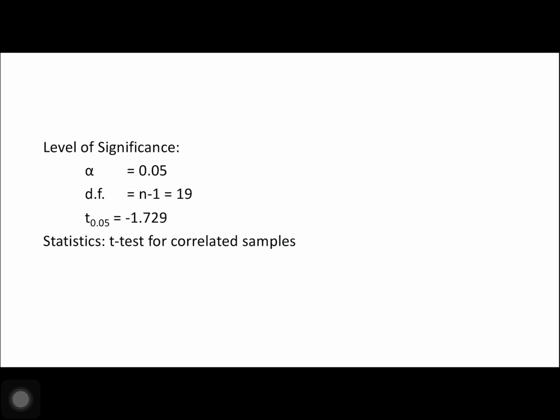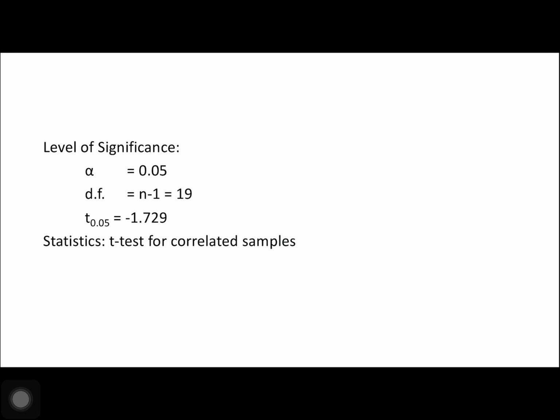For the level of significance, we have there alpha is equal to 0.05. Okay? For the degrees of freedom, we have there n minus 1 since we only used one group. That is equal to 19. T at 0.05, or the tabular value of T, is 1.729.